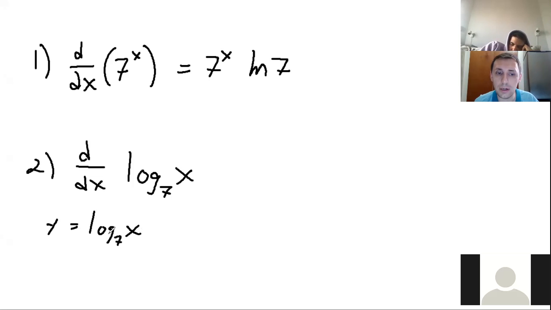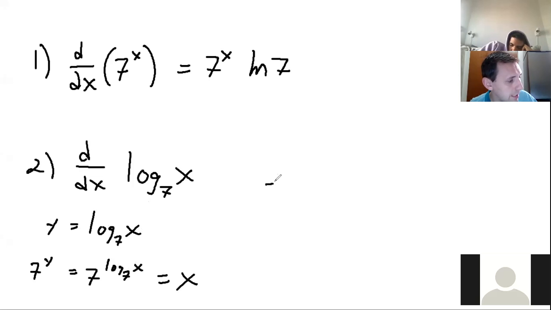And what do I know about log base 7 of x? I know that if I raise 7 to it, I will get x. So I will say 7 to the y is equal to 7 to the log base 7 of x, which equals x. And then by implicit differentiation, I want dy/dx.